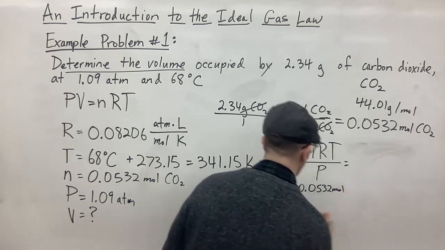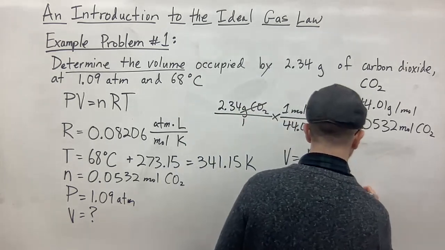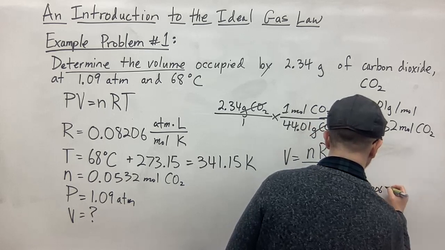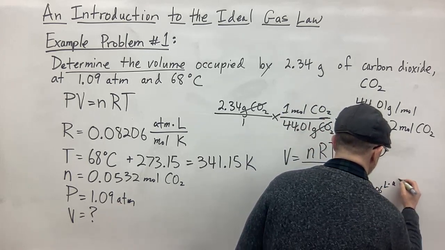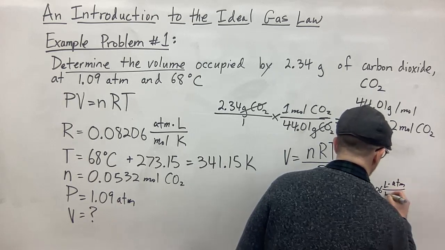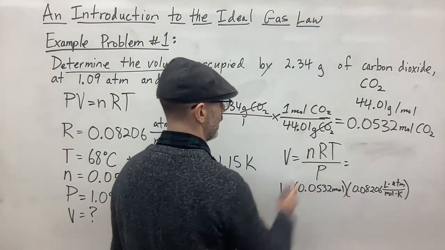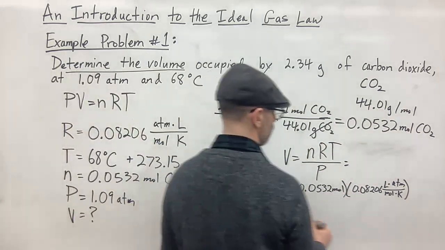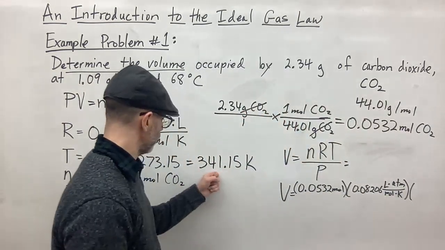So V is equal to 0.0532 moles times R, 0.08206, and I'm going to put in the units, liter atmospheres over mole Kelvin. And then T is temperature. We have temperature 341.15, or you could always round it to 341.